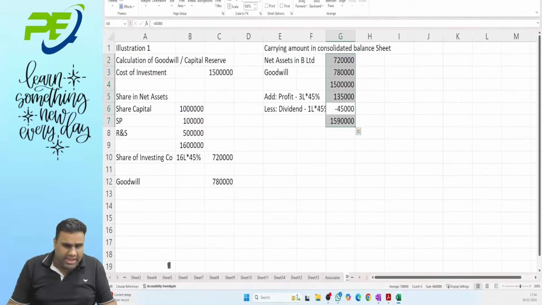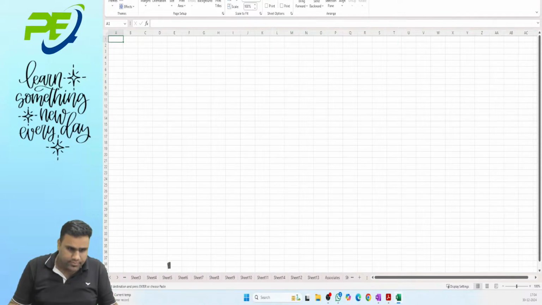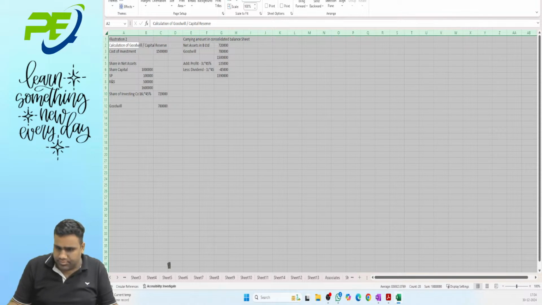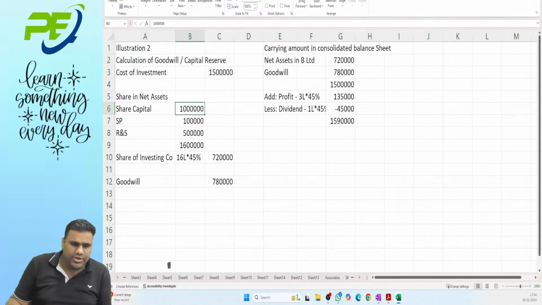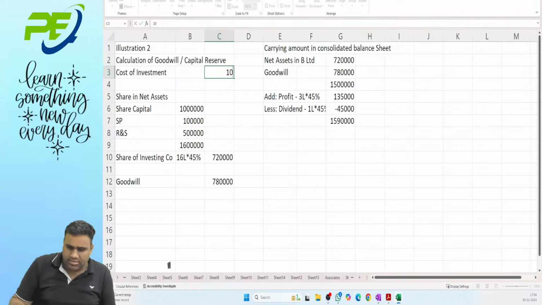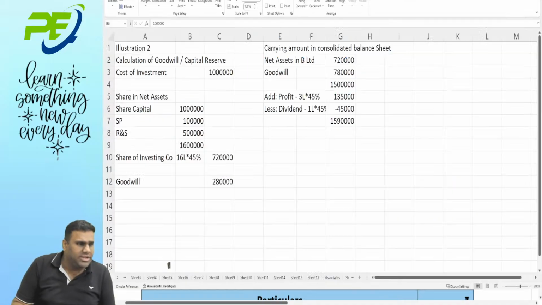So by default, we have to calculate goodwill or capital reserve. Cost of investment, everyone, 10 lakhs. I have invested 10 lakhs. Then share in net assets: share capital, he had 1 lakh shares of 10 each, so 10 lakhs.